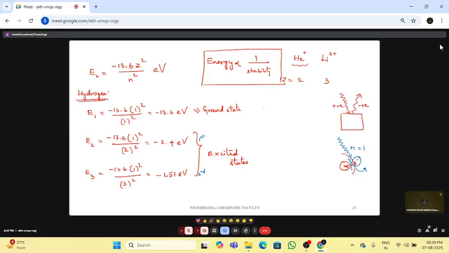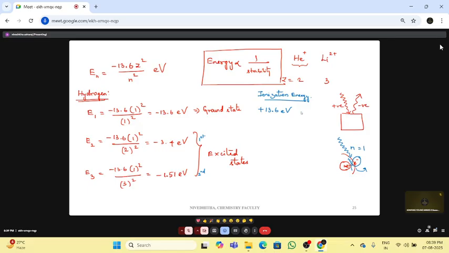So the energy supplied on the electron to remove it is called ionization energy. Since it is the amount of energy I'm supplying, it is represented with a positive sign. If the electron is present in the ground state, then the amount of energy supplied to remove that electron is called ionization energy.